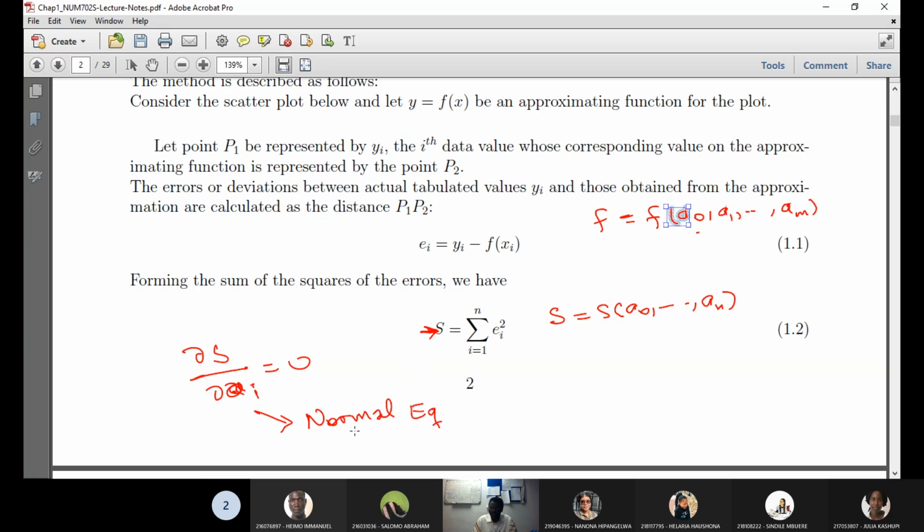And the normal equations will give us the values of the parameters a0 up to an. Once we obtain the values of the parameters, we come back and substitute into the expression of f. So that is how the least square method works.